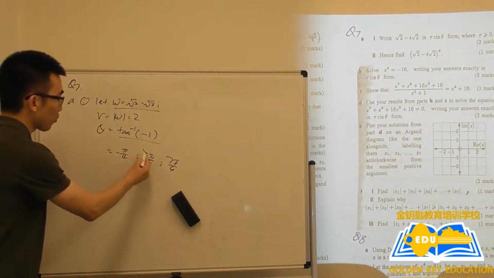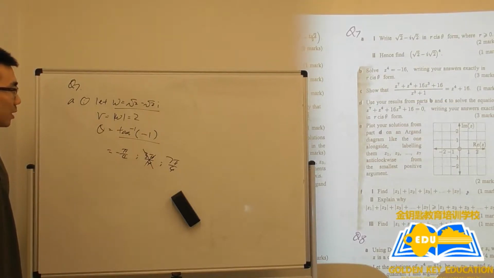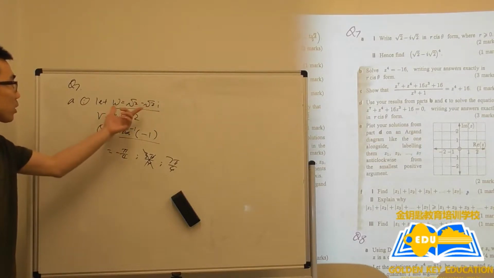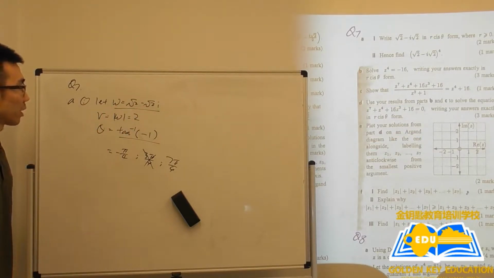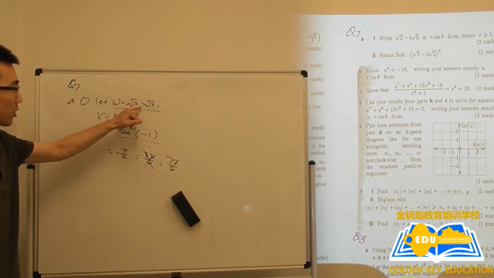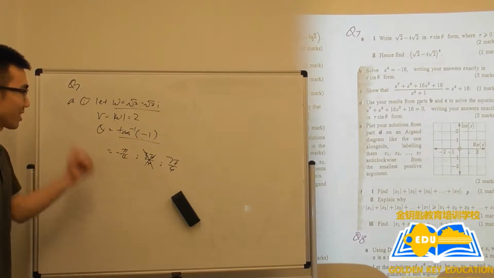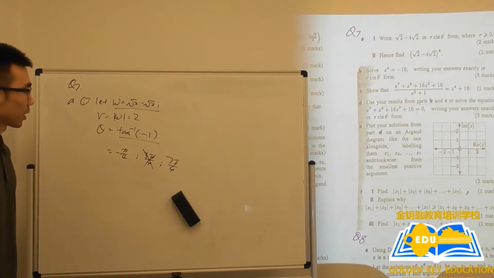Why is 3 pi on 4 not right? Because we need to respect the direction of the complex number w, like the direction of the vector w. So root 2 take root 2i shows in the fourth quadrant. However, 3 pi on 4 points in the second quadrant, so this is not right.